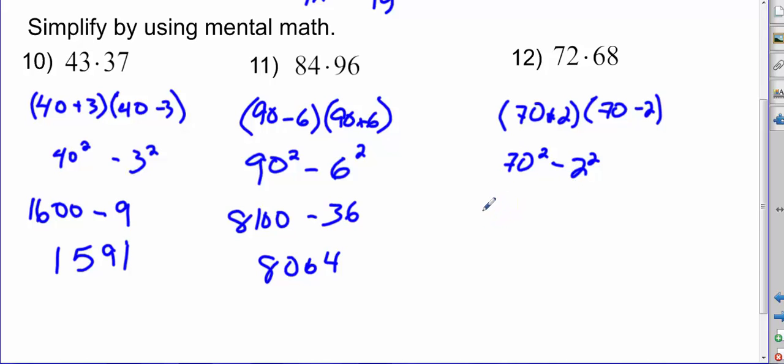So on this one all we need to focus on is those 7s. So we're going to do 49, add a couple of zeros, subtract 4, and we know now that 72 times 68 is 4896. Pretty fun to do. You can do some complex calculations without using a calculator, and impress your friends when you're out or something.